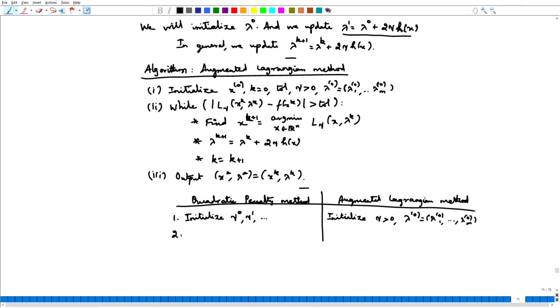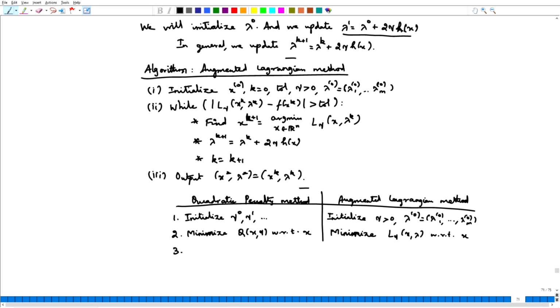And the second step, the function is different. Here we minimize q of x comma gamma with respect to x. WRT is with respect to, if you are wondering what it is. And here we minimize L gamma of x comma lambda with respect to x, of course.